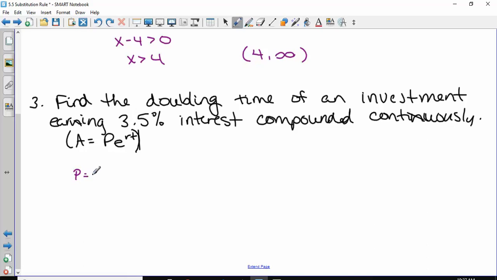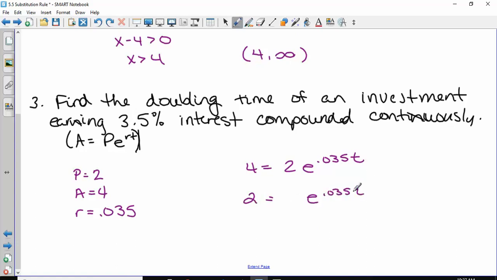So give me a starting amount. 2. And we end with 4. Well, my rate is 0.035. So now what? Divide by the 2. Add natural log. Natural log is nice because those cancel.